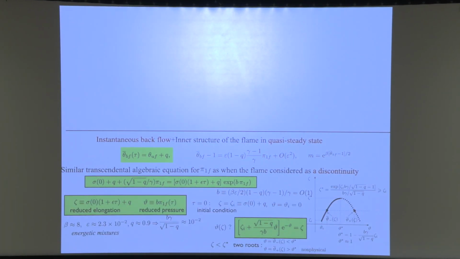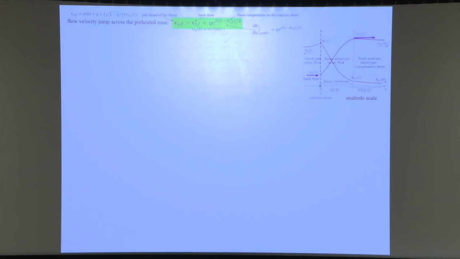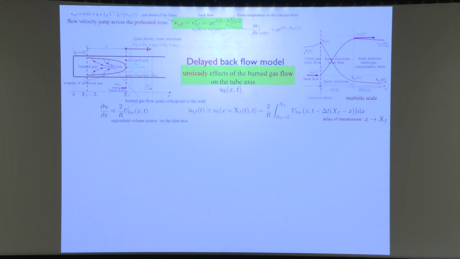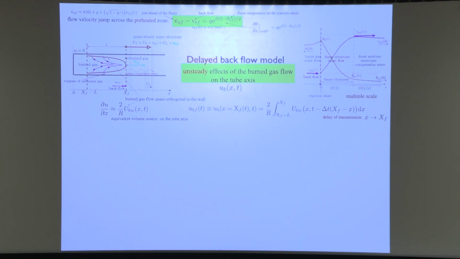I say this is nothing new. Near the turning point it is quadratic. I have said already that. Now, in order to take into account the unsteady effect behind, I would have to be able to solve the unsteady flow when the elongation increases.